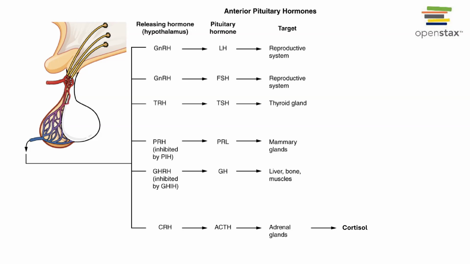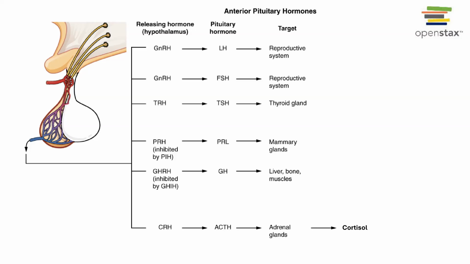Thyrotropin-releasing hormone, or TRH, stimulates the release of thyroid-stimulating hormone, or TSH. Prolactin-releasing hormone stimulates the secretion of prolactin. Growth hormone-releasing hormone, or GHRH, stimulates the release of growth hormone.